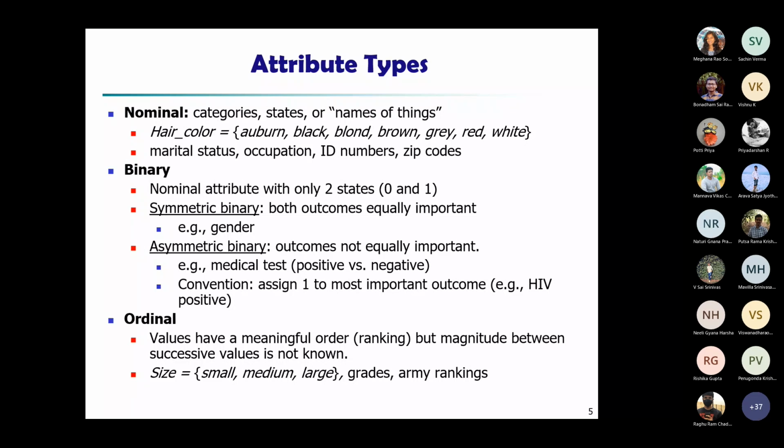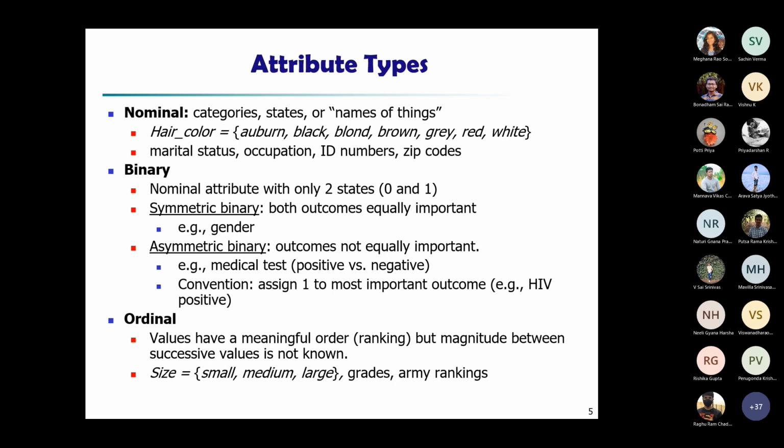What is best suited is replacing with the mode, because the mode is the frequently occurring value. So when it is a nominal attribute, only the mode makes sense, not the mean or median. You should keep that in mind.